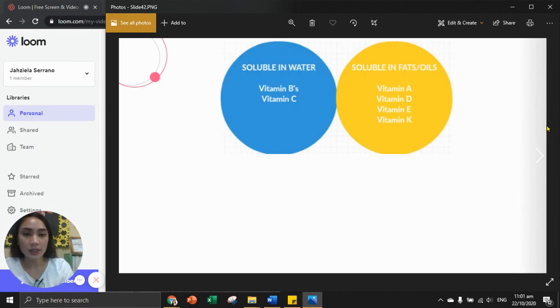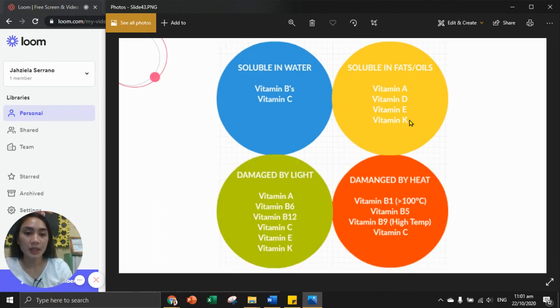Ang soluble in water natin are vitamins B and C. Ang soluble in fat or fat soluble are vitamins A, D, E, and K. These are just a summary.